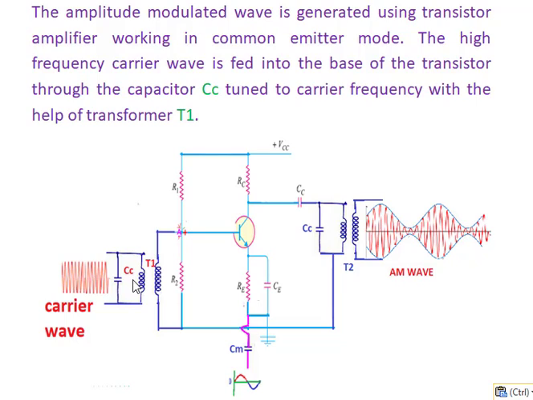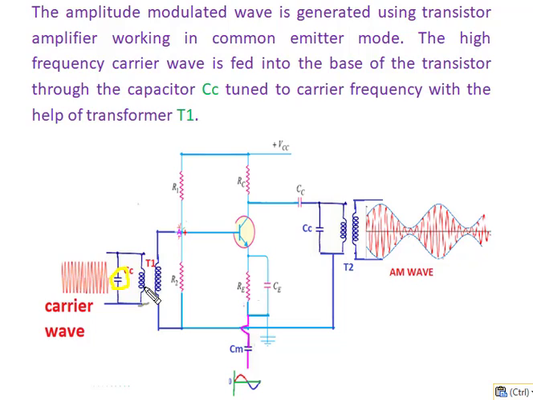This capacitor CC is tuned to the carrier frequency range. So this portion, the induction coil and the capacitor, is also called the tank circuit. This tank circuit allows the carrier wave with a particular frequency.